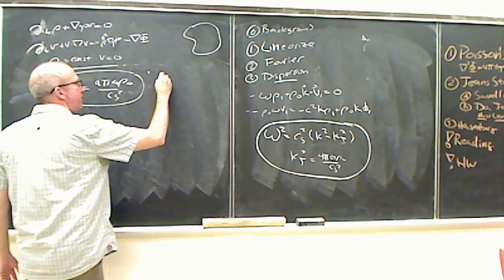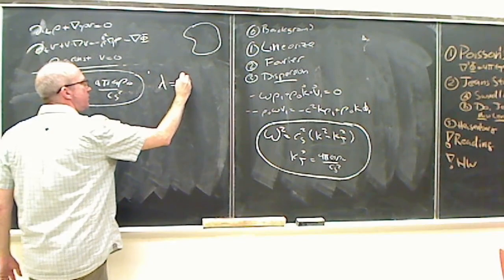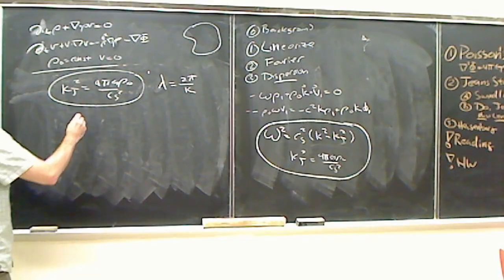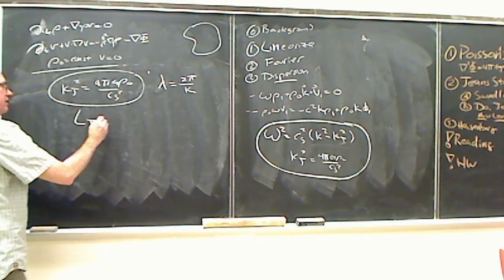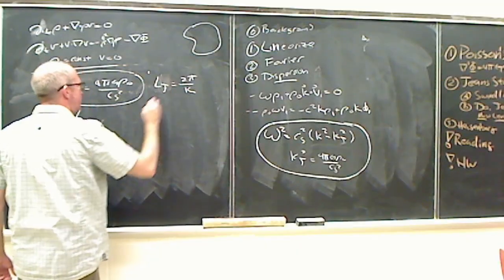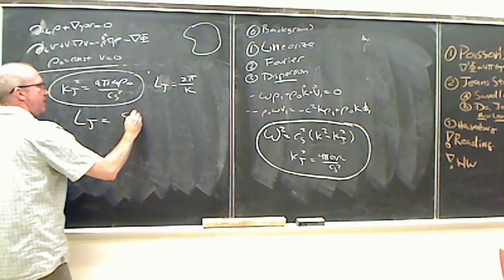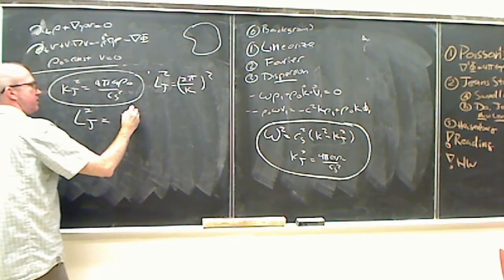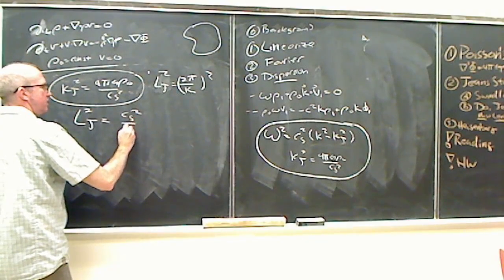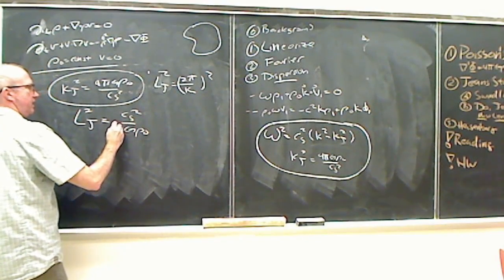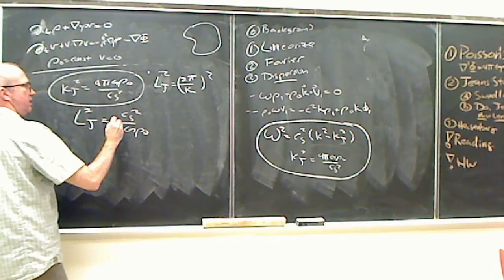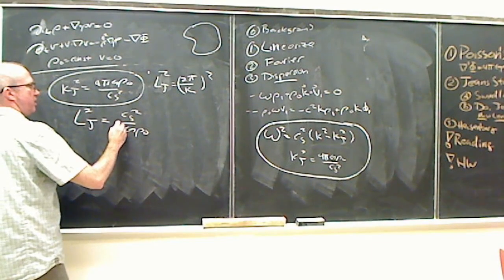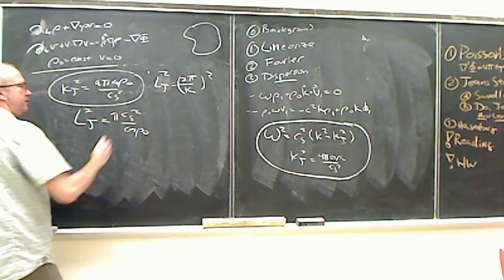A length, let's call it lambda. Lambda equals 2 pi over k. So the Jeans length, let's call this L_J. L Jeans squared is equal to c sound squared over G rho naught, and then there's a 2 pi, which cancels a 2 pi, and then another 2 pi, just love the pi sticks.